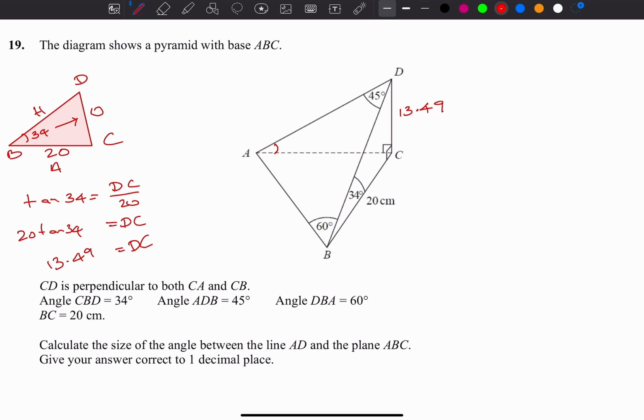Okay, the next part to that. I need to work out the angle between AD and ABC. Okay, it's just that line anyways.